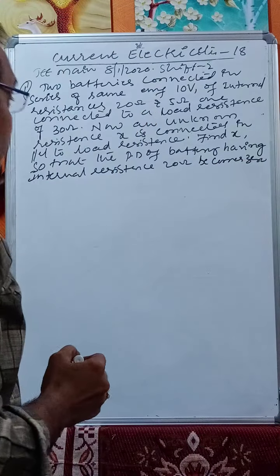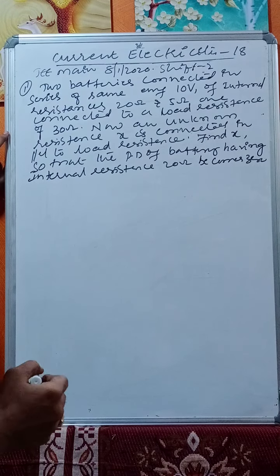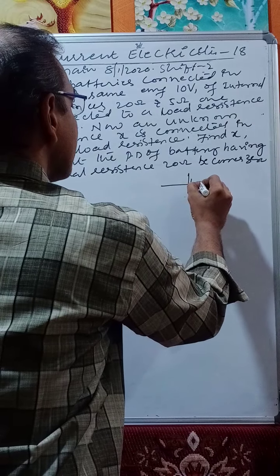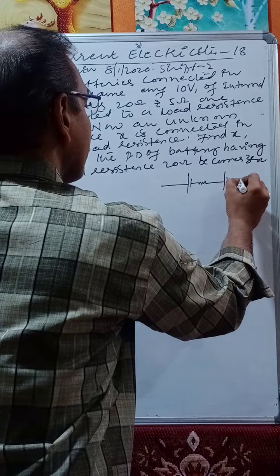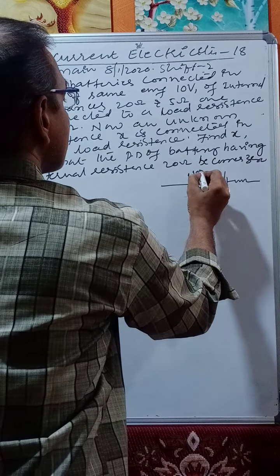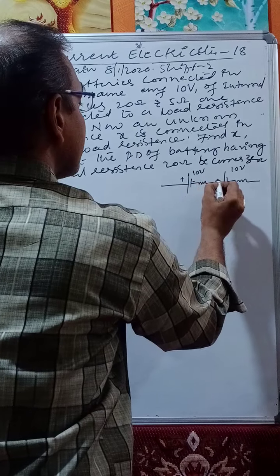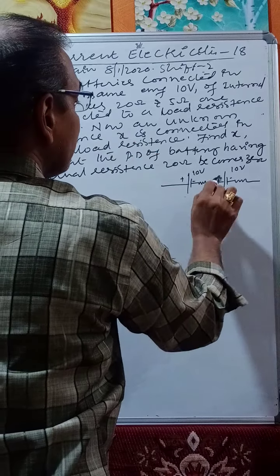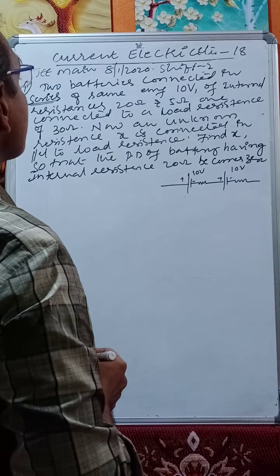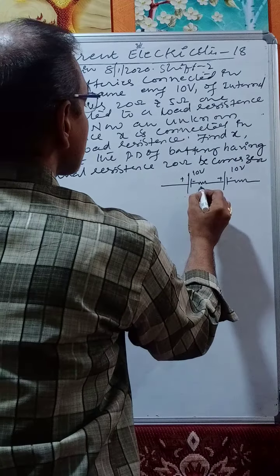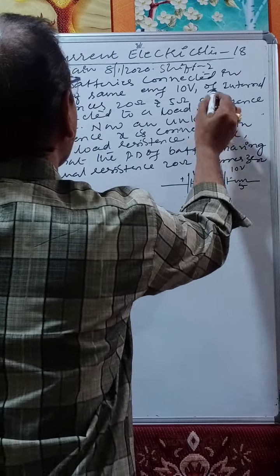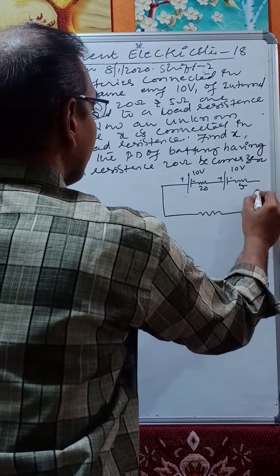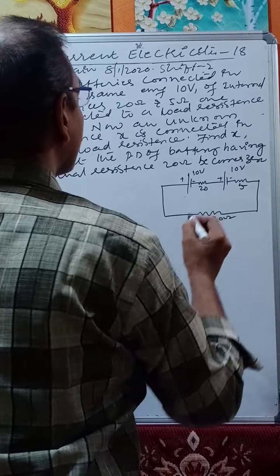Very good question. Two batteries connected in series, of same EMF 10 volts, plus minus because this is in series, so positive to negative, 10 volts each, of internal resistances 20 ohms and 5 ohms, are connected to a load resistance of 30 ohms.